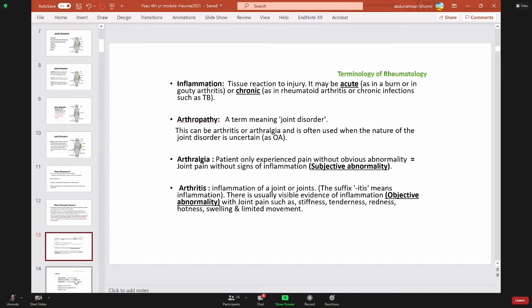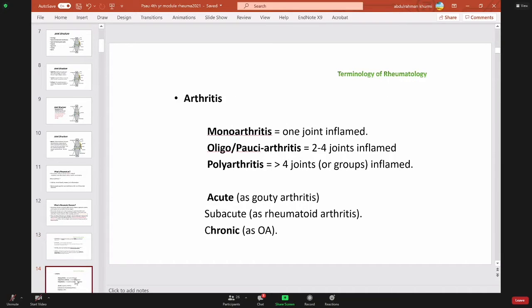Arthropathy means joint disorder. It can be arthralgia, which is just pain, or arthritis, which means inflammation and pain. Arthritis, which is inflammation of the joints, can be monoarthritis, with only one joint inflamed, like in osteoarthritis generally, or in gouty attacks of gouty arthritis.